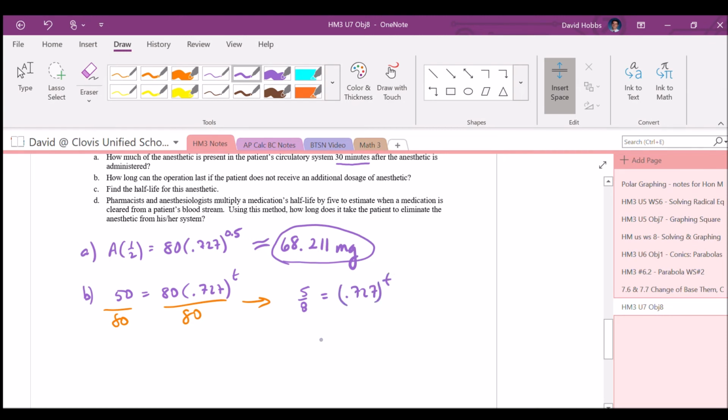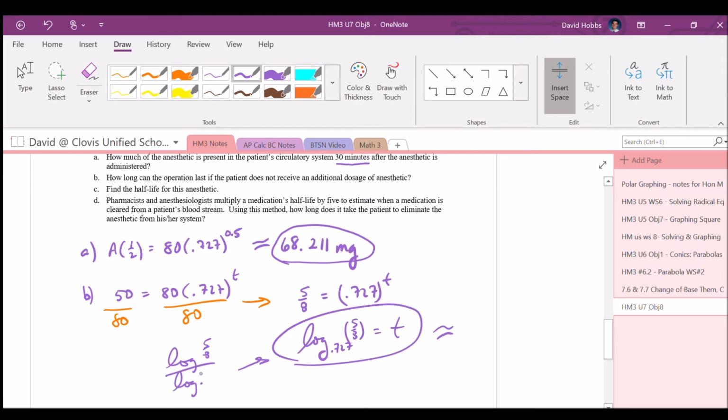And we need logs. And it's base 0.727. And t is over here, and 5/8 is right there, and so we're literally just plugging it in the calculator now. Remember how to plug that into the calculator. So that's log of 5/8 base 10 divided by log of 0.727 base 10.